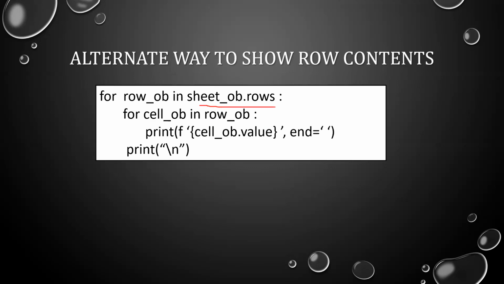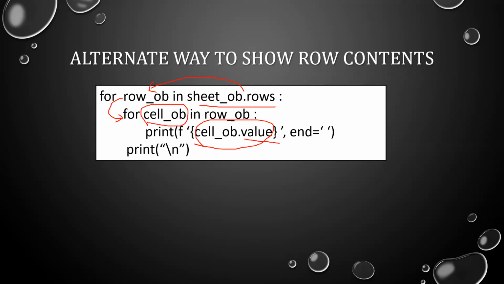We'll use the rows method, and with this we iterate over all the rows, and with each row object we'll iterate for the cells in that particular row object, and we can show the cell references, and we can have the value attribute to show the value on screen.